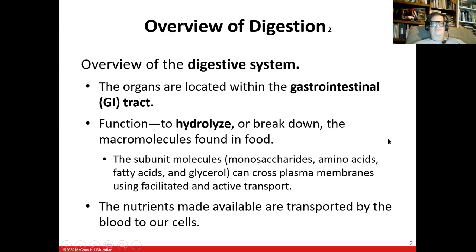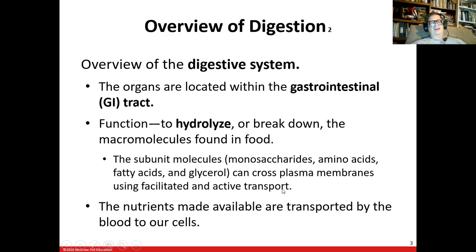Anyway, moving on. So we're doing this to break complex things like starches into monosaccharides, big long things like proteins into little amino acids, big fats like triglycerides down into the fatty acids and the glycerol. These smaller molecules can get across the plasma membrane easier. Some of them you still have to actively pump.